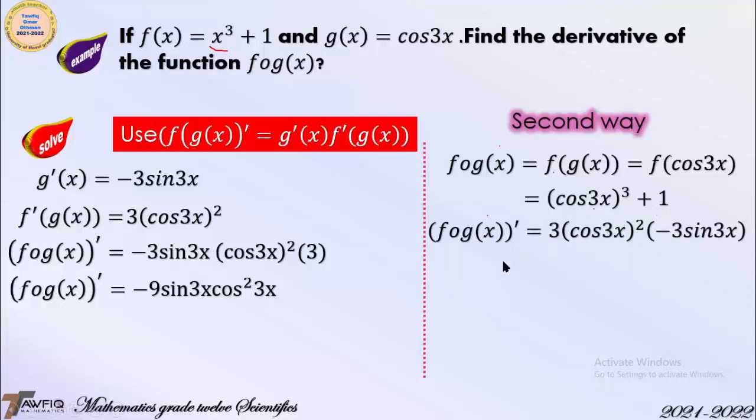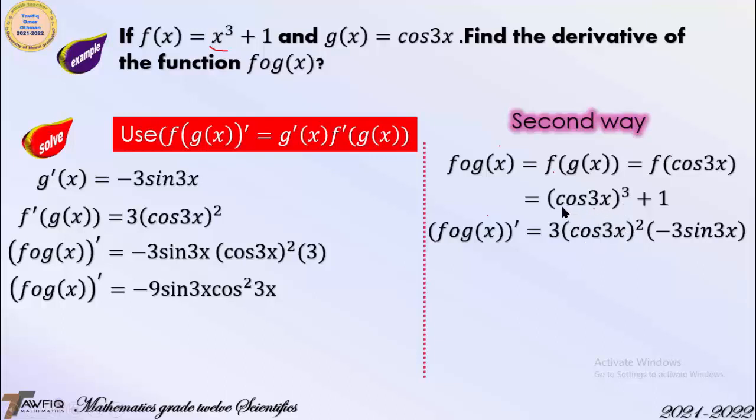And now to take the derivative of f∘g(x): first of all, write the power, then the function cosine 3x with the power 3 minus 1, which is 2. After that, take the derivative of the inside of the bracket.